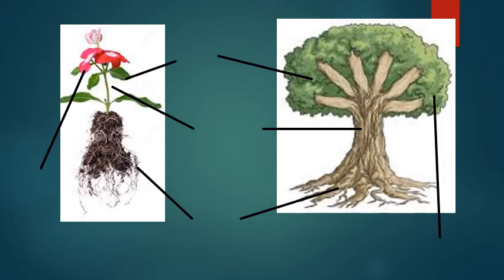And I have done this to show you that plants do have the same features, and these features keep them alive. I want you to pause the video again, and where I have put the black lines, I want you to see if you can name what these parts are.